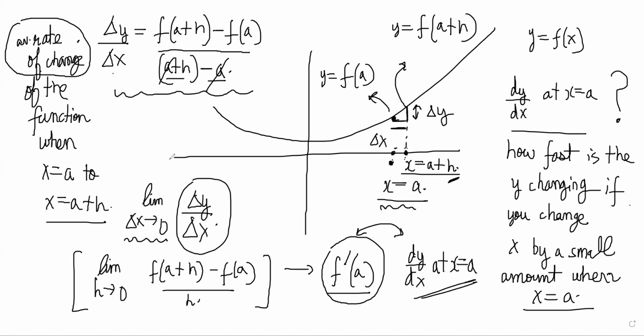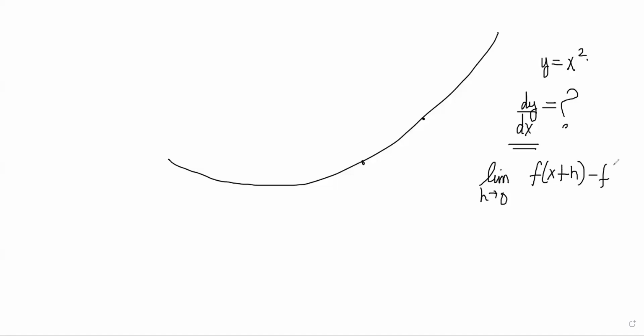Yes, sir. So in general, whenever you have a function, say y is equal to x squared was my function, right? The question is to find the dy by dx of this function. So dy by dx means limit of h tends to 0, f of x plus h minus f of x by x plus h minus x.